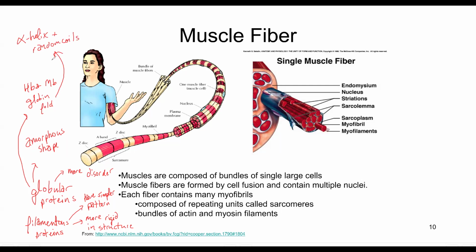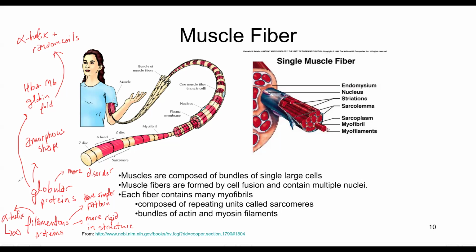With a filamentous protein, it's going to be basically one alpha helix, and that goes on into eternity. As soon as that alpha helix ends, that protein's structure ends. So that's one of the biggest differences.